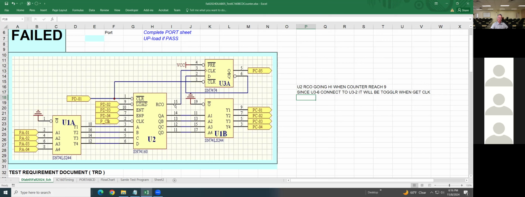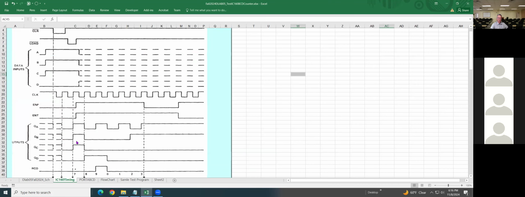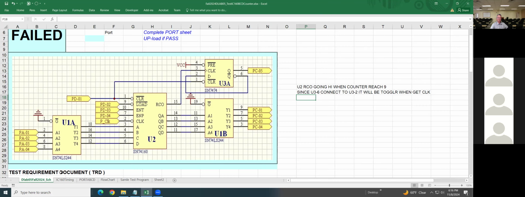When they go to number 9, that means you get this signal coming out. And that signal is like the clock for U3, then pin 5 has to go to 1.